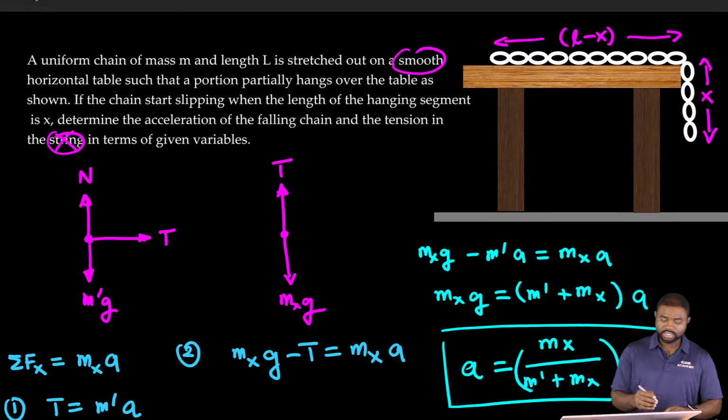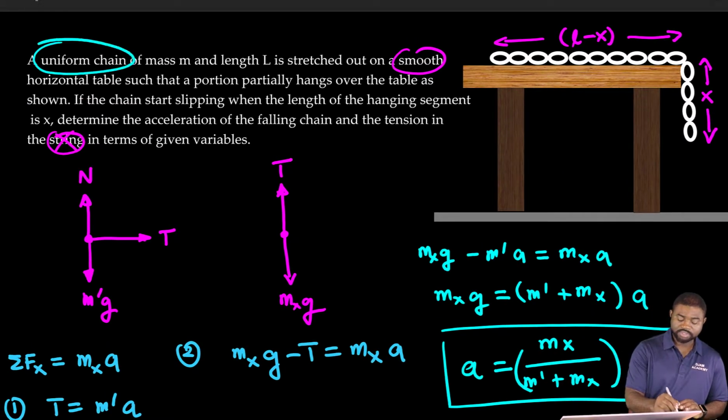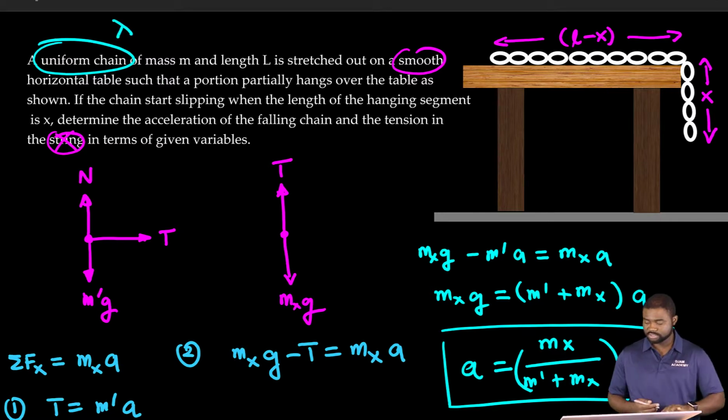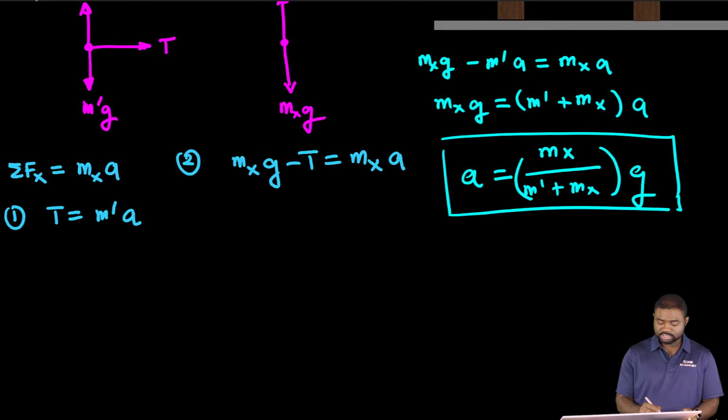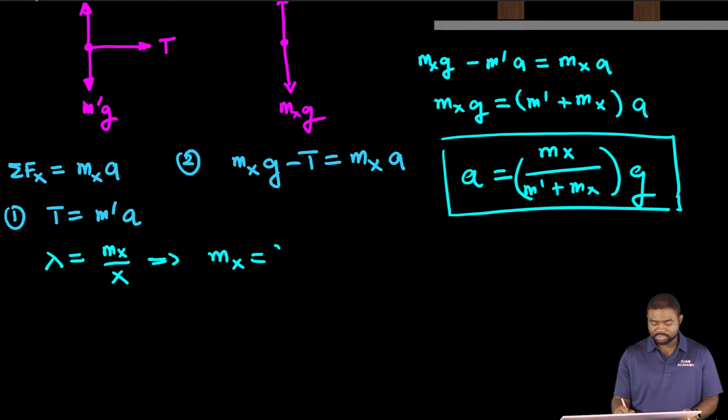The chain is uniform. That is important. If the chain is uniform, it means that the linear density of the chain is constant. And the linear density of the chain is lambda, which is going to be equal to mx divided by x. This means that mx is equal to lambda x.